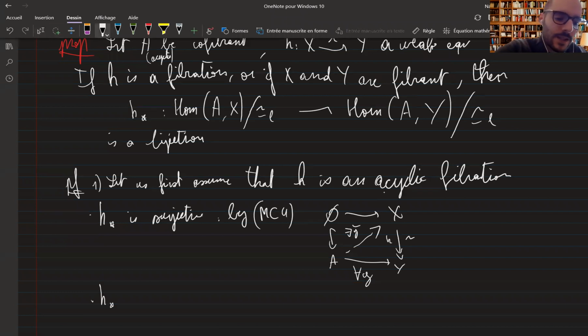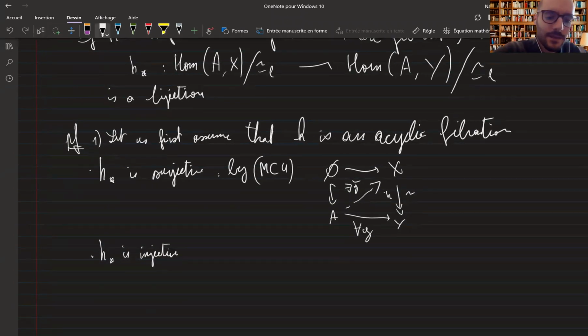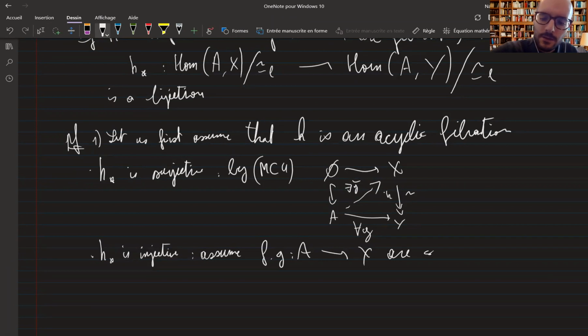So now let's prove that h star is injective. We have to assume that f and g are such that h circle f is left homotopic to h circle g, and we need to prove that f and g are left homotopic.